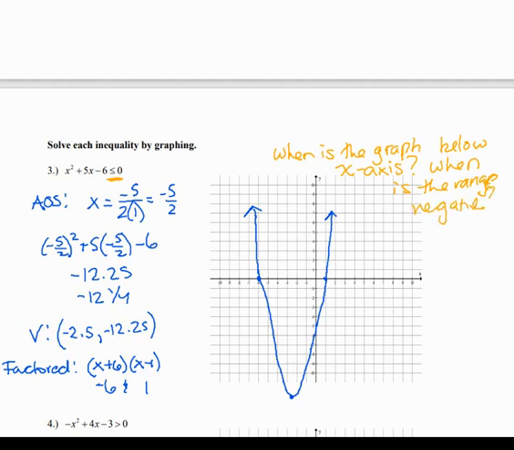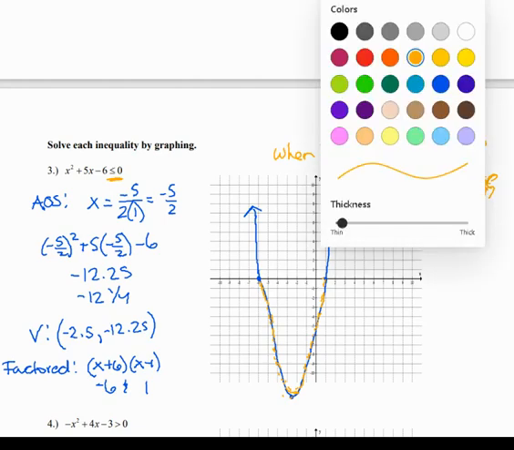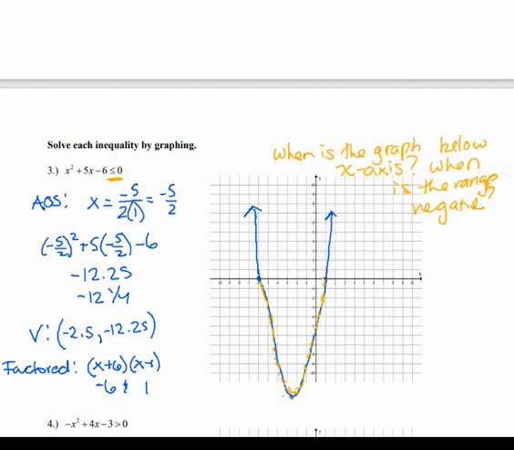So if we look here, I'm going to highlight that, right? It's all of this orange part. Anything down here has a y value that's negative and will be less than 0. So what are those x values? Those x values are between the two roots that I had. So I'm going to really bold those. We had negative 6 and we had positive 1.